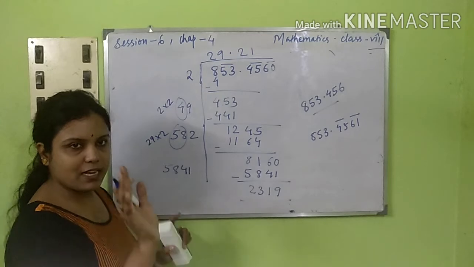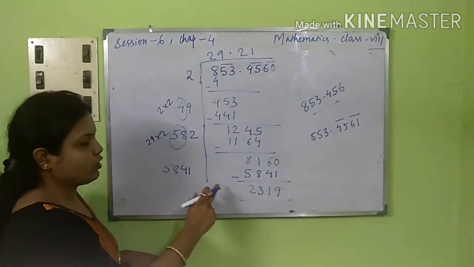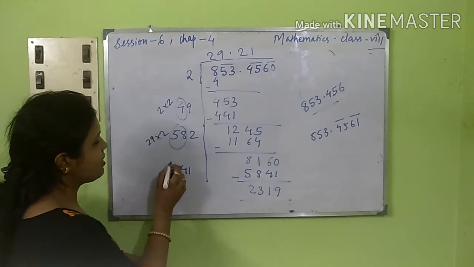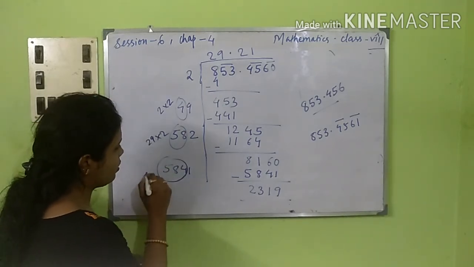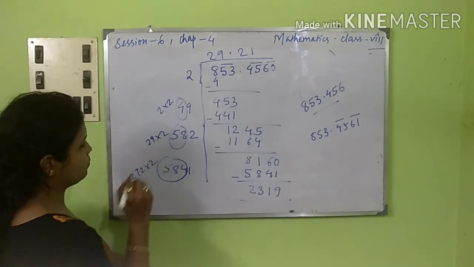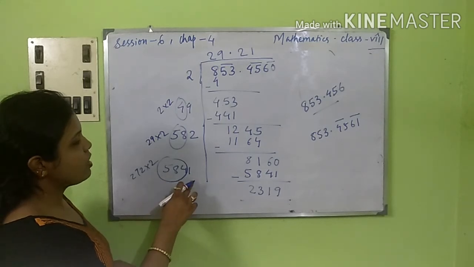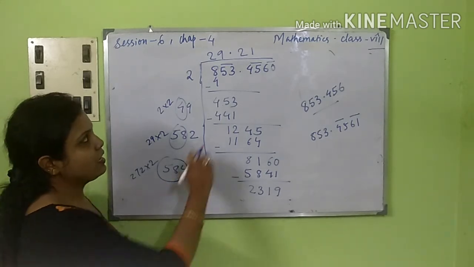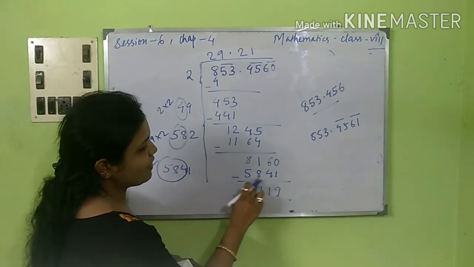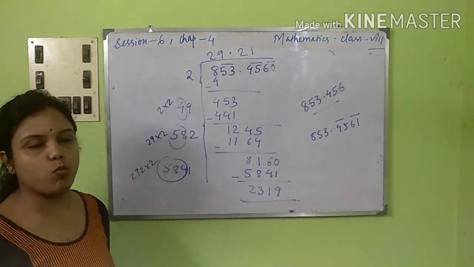That point we will not consider right now because we need a number in the divisor for the next division. So there comes 292 into 2, so we get 584. We are multiplying it with 1 into 1 so that we get 5841. Here we get the remainder as 2319.